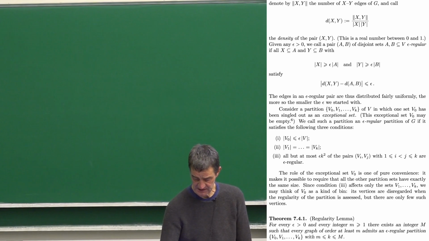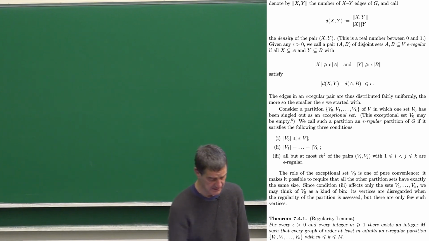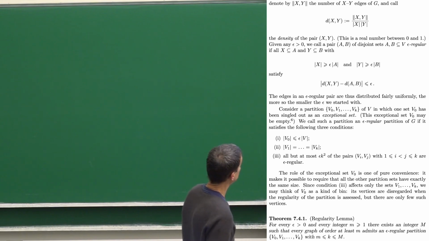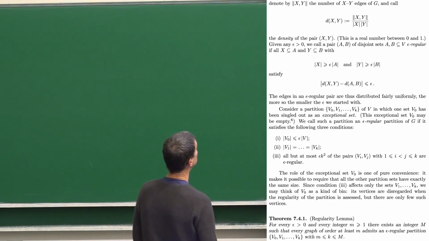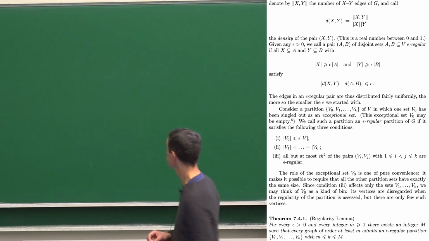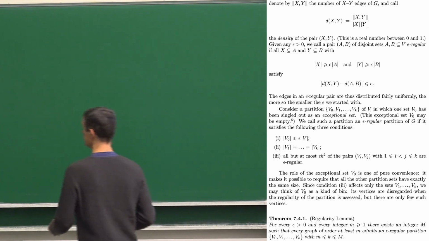Okay, so that's an epsilon regular pair of sets, and a partition is epsilon regular, and I think I'll copy that to the board so that we have it for later.